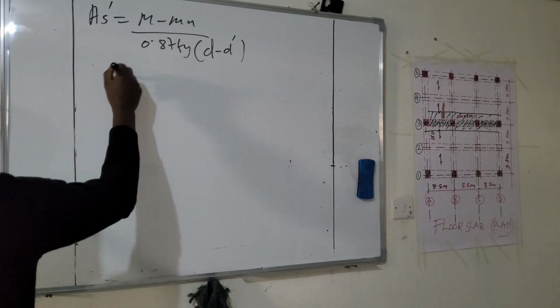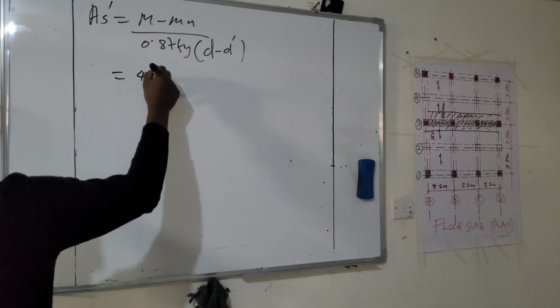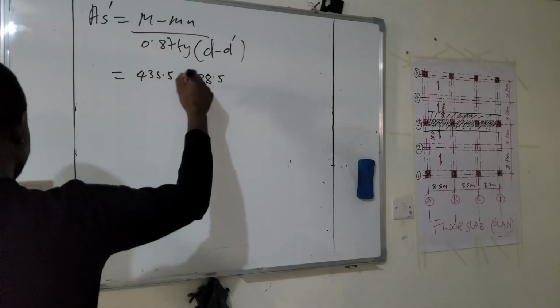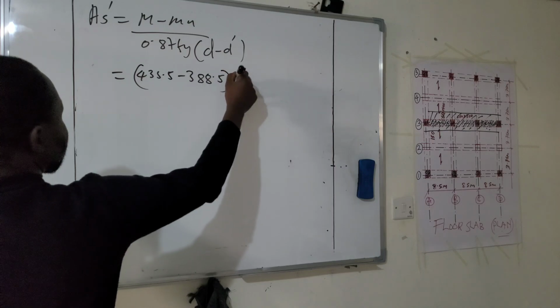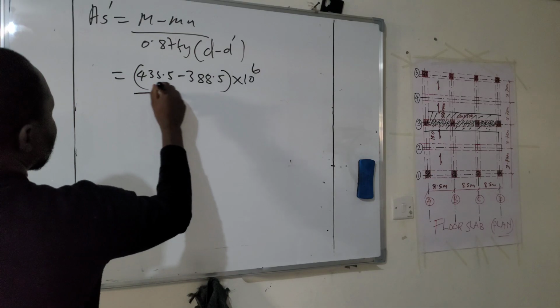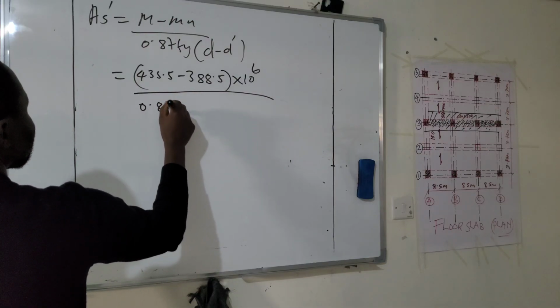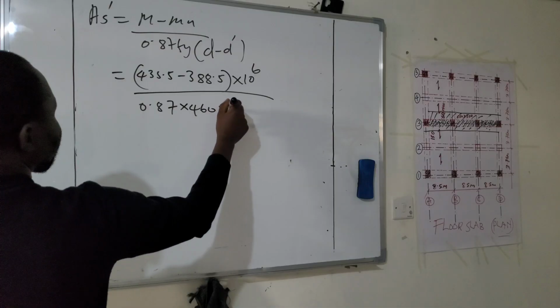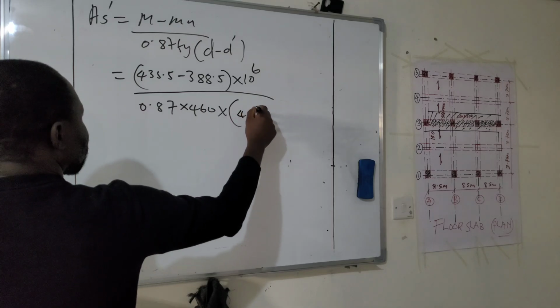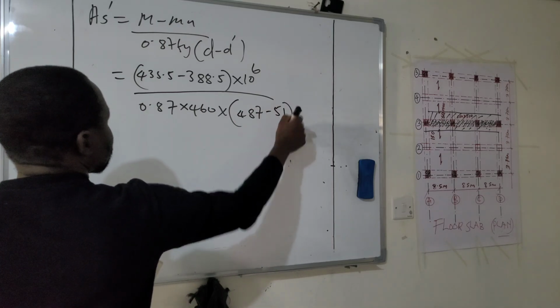So this one is equal to, our M is 435.5 minus 388.5, you multiply by 10 to the power of 6 so that you can convert from kilonewton meter to Newton millimeter, over 0.87 times 460 times 487 minus 51.